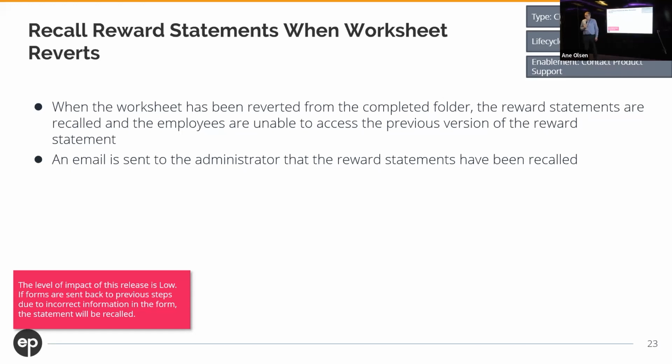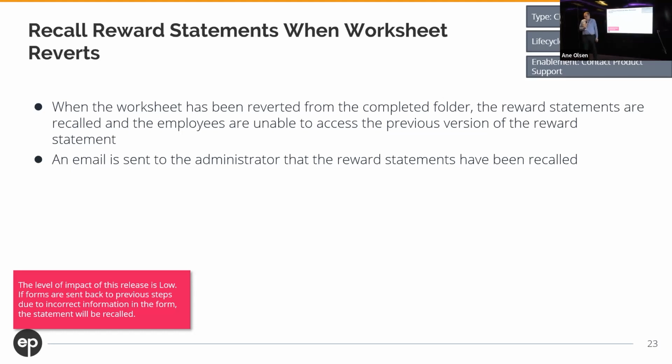You would have to recall the statements first before you moved it back, since you wouldn't know which ones were supposed to be changed. Doing it right now, it will automatically recall the statements. That means if they are completed and you're routing them backwards, it would recall the statements.